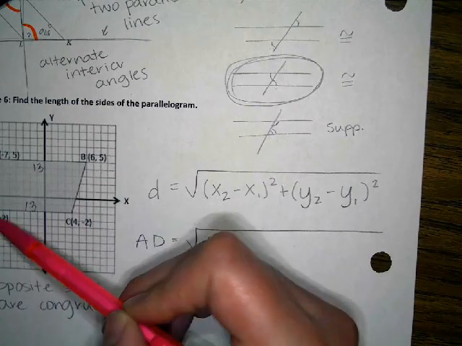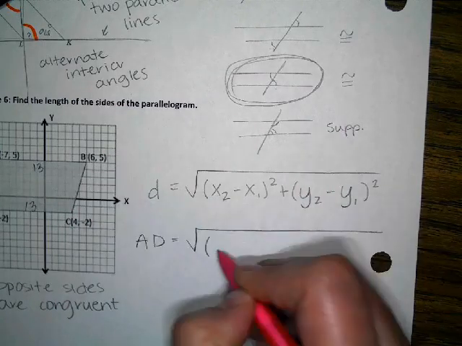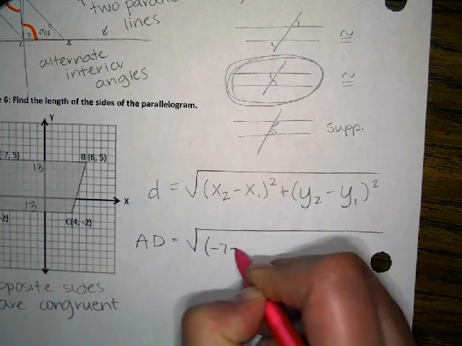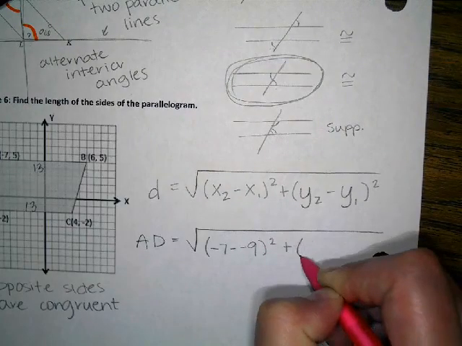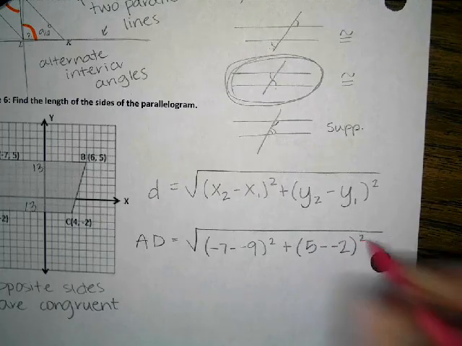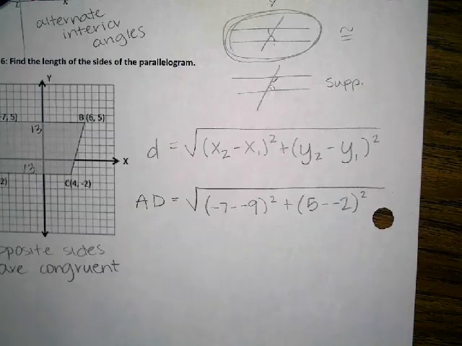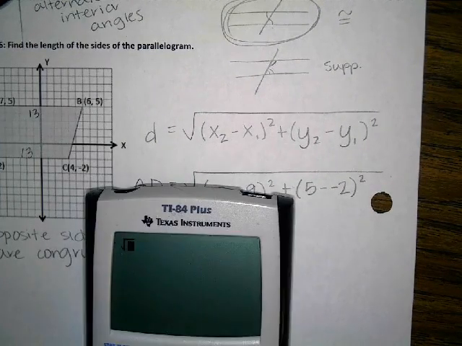So I'm going to do -7 subtract -9, and then I'm going to do 5 subtract -2. And I can just type that all in a square root all at once. -7 subtract -9, plus 5 subtract -2.